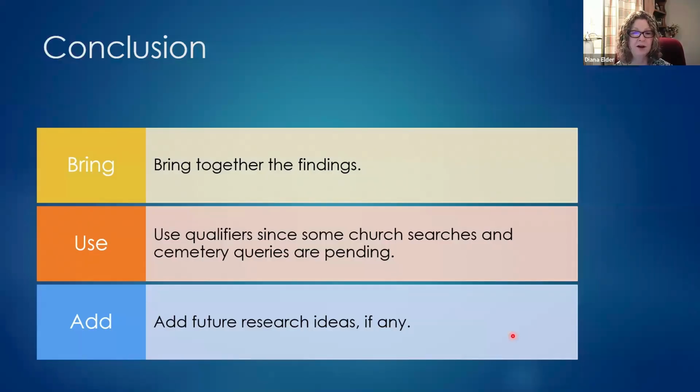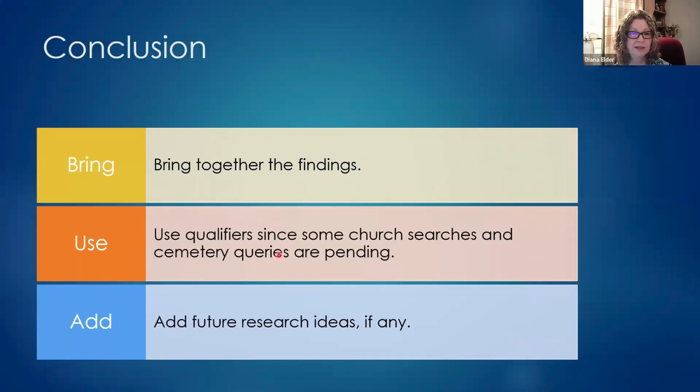Now, when do you bring all of this together? Well, in a research report, you can bring together the findings in the conclusion. That's when you can say, well, this was all negative, but because she was admitted to the infirmary and some of the pages for that year are missing, or whatever, you bring together what you think really happened.